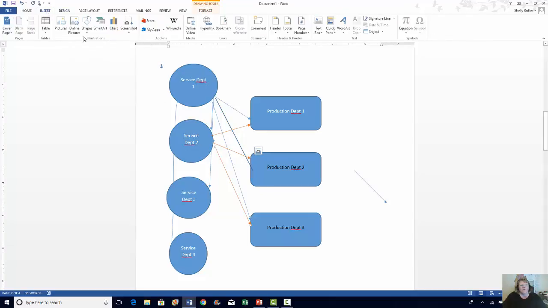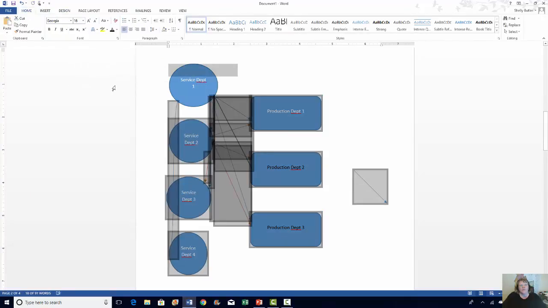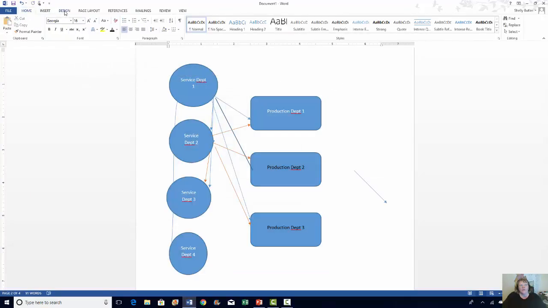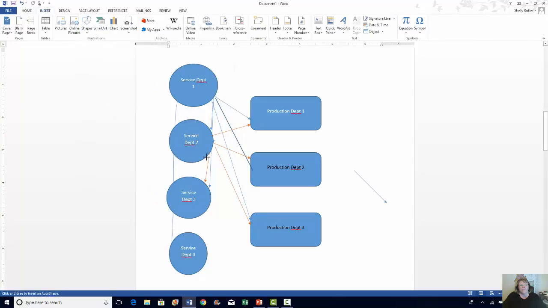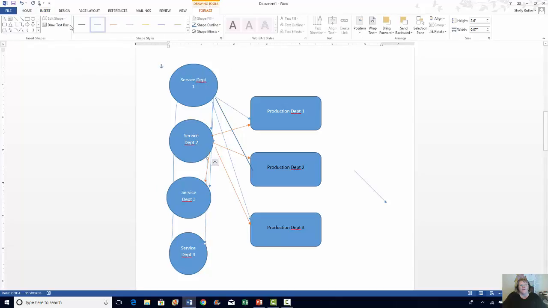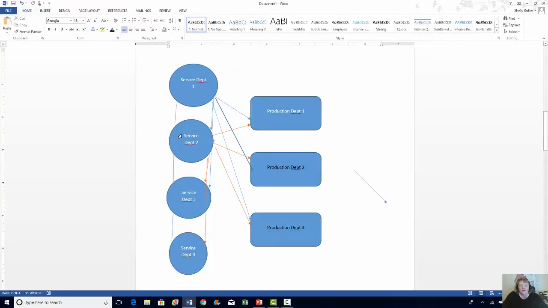But it will also service that service department. It will also service that service department.